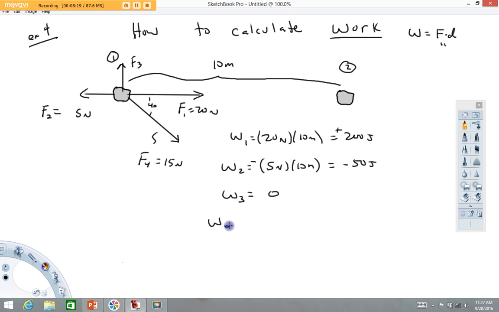Work done by force 4. Okay, so now force 4 makes a 40-degree angle with the displacement. And remember that work is force times distance, but they have to be parallel. Whatever force you use and whatever distance you use, they have to be in the same direction. So to handle that, what I'm going to do is take force 4 and draw its vector components.